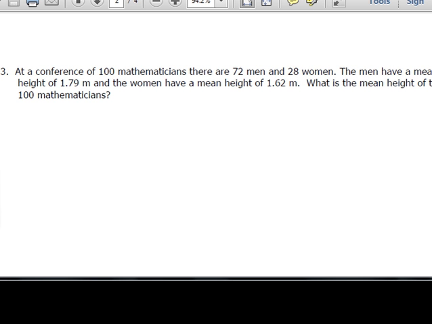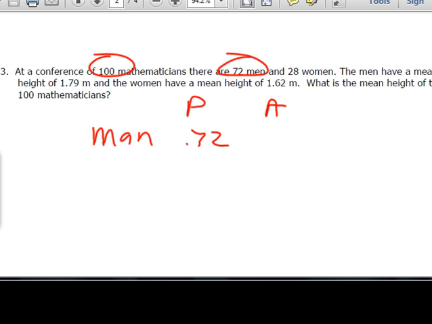All right, in this one, there's 100 mathematicians and 72 are men. Right away, I'm thinking probability. What is the percent chance of picking a man? Yep, probability 0.72. The amount, if you get a man, in this case is the height, 1.79.